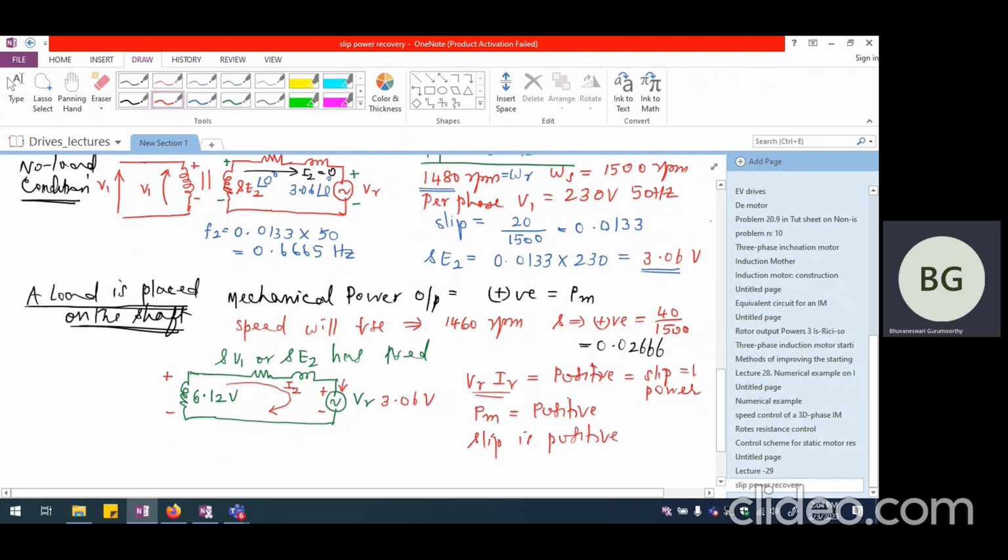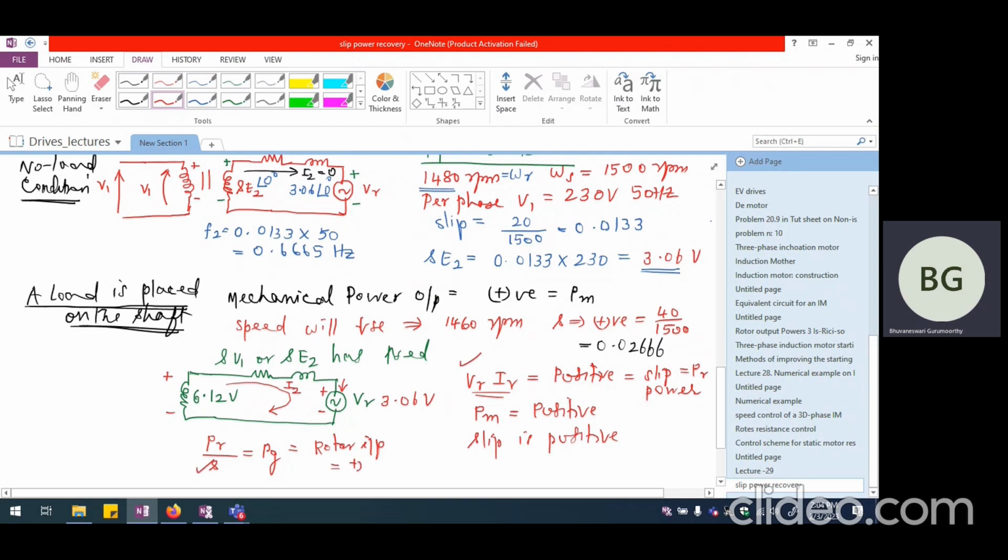Let me write this as PR. PR is the slip power or rotor power. So PR divided by S, that is going to be PG or stator side power or air gap power, or I can call this as rotor input. So the rotor input power is also going to be positive because PR is positive, slip is positive.